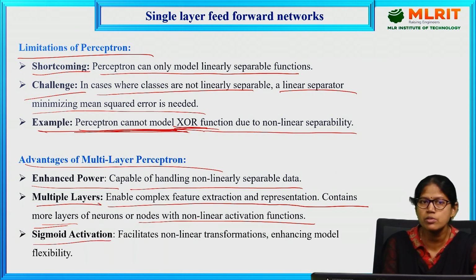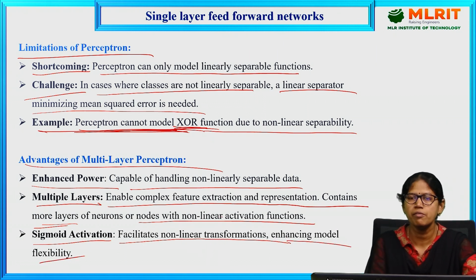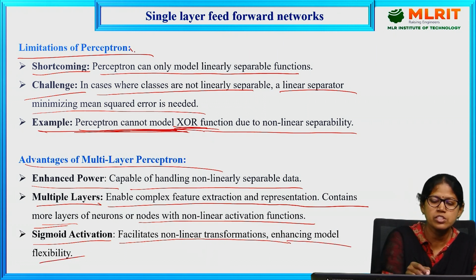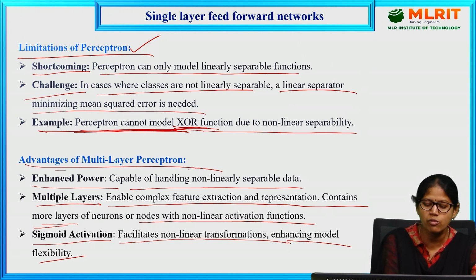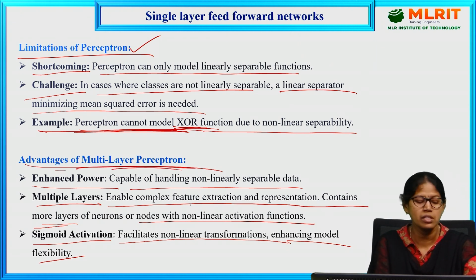And here we'll use the sigmoid function, which facilitates nonlinear transformations, enhancing model flexibility. These are the limitations of perceptron, and these are the advantages of multi-layer perceptron. In the next session, we'll see the multi-layer feed-forward network.